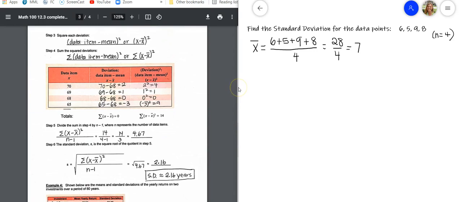It's a nice way to organize your data. It's not absolutely required, but let's just see what happens here. So your data points are the X values. It's just saying, okay, what are my data points? I'll just start making the table here. My data points are 6, 5, 9, and 8.